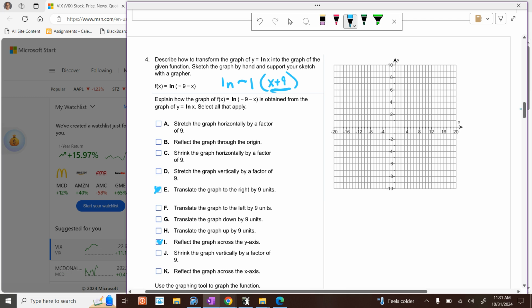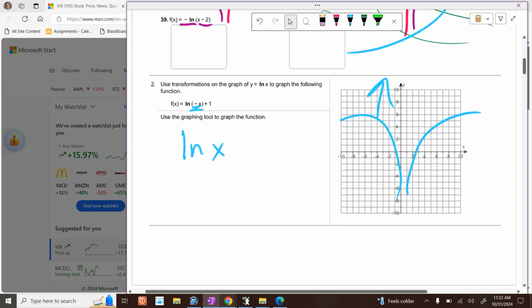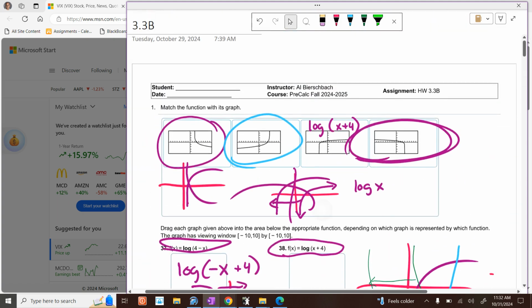This one translates it to the left 9. I don't even see translates to the left. There it is, F. And this one flips it around the y-axis.